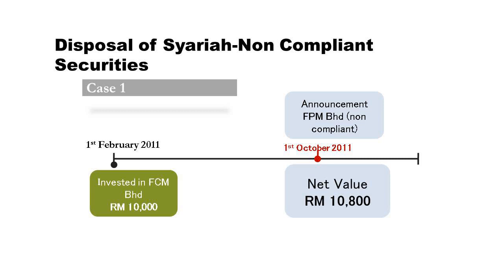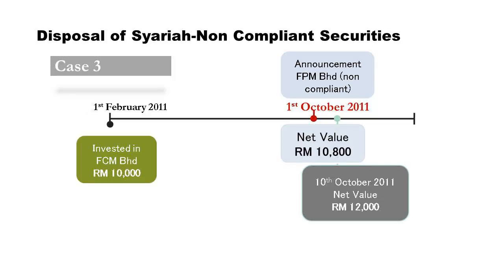So what happens after they declare it non-compliant? After it is non-compliant, the fund manager has to sell off the share because it's no longer compliant. But they cannot sell everything in one day. Remember, we have millions of dollars of investment. You cannot sell everything in one day. Let's say you sell at 12,000, higher than 10,800.